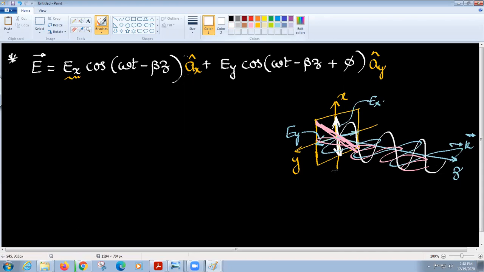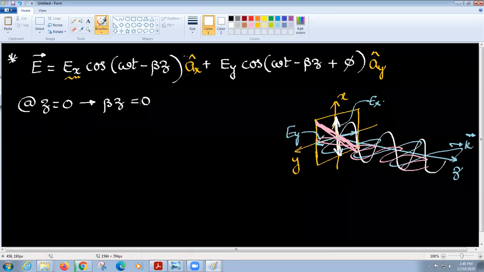We will freeze this propagation at z equal to 0 and observe what happens there. z equal to 0 means I'm taking beta z equal to 0. Also you can freeze at t equal to 0, which in this case means omega t equal to 0.